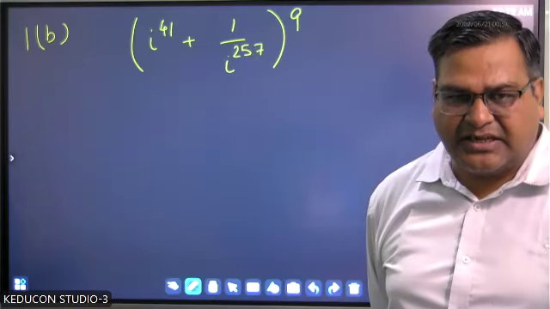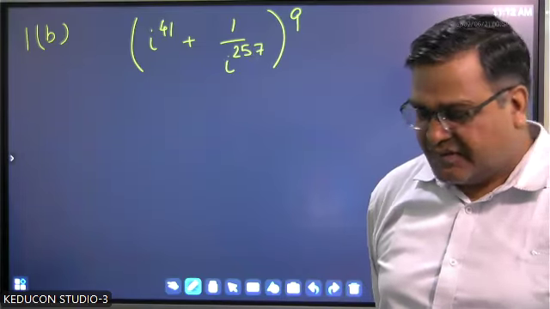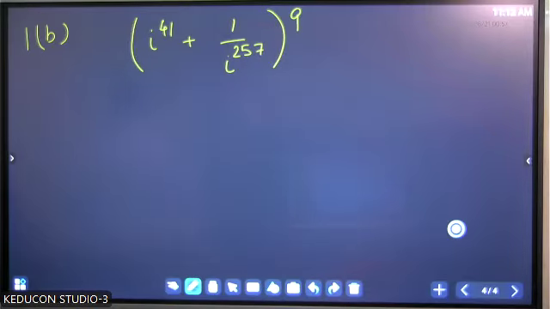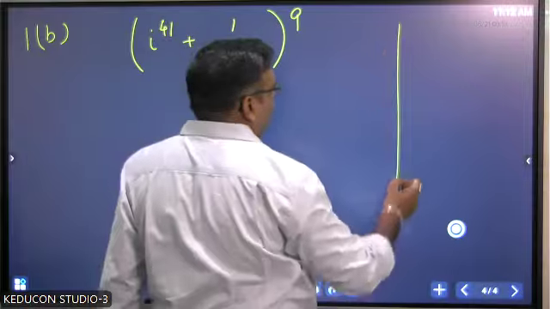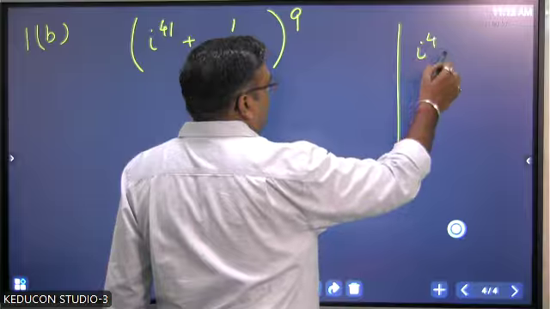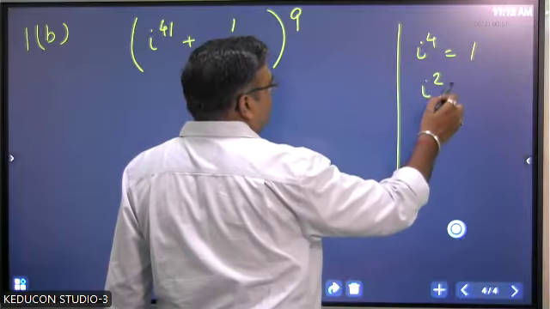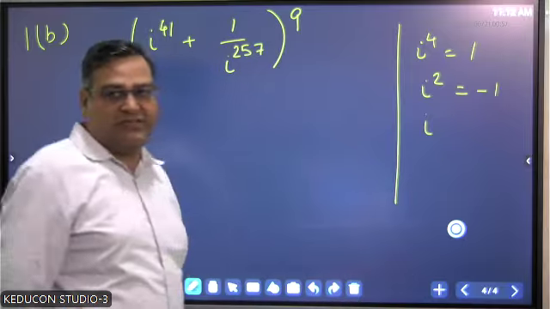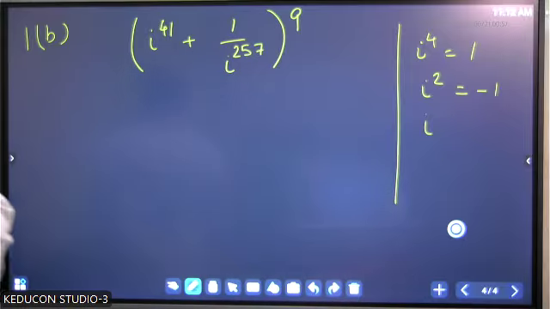Yes, Gurleen, please try. Others also try this. You just convert the power of iota into multiples of 4, 2 and 1 and then put their respective values. Iota to the power 4, the multiple of 4, will be 1, iota square will be minus 1 and iota will be iota. So please try to solve this.